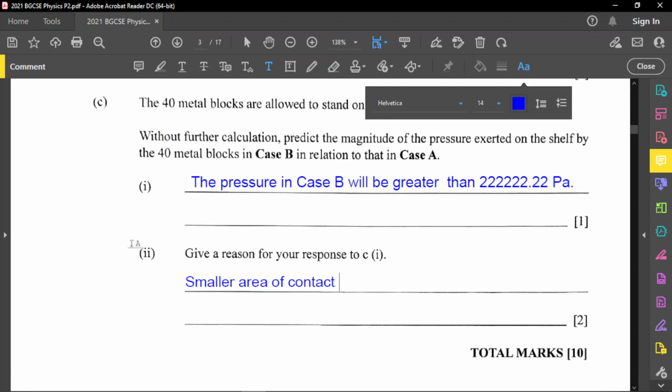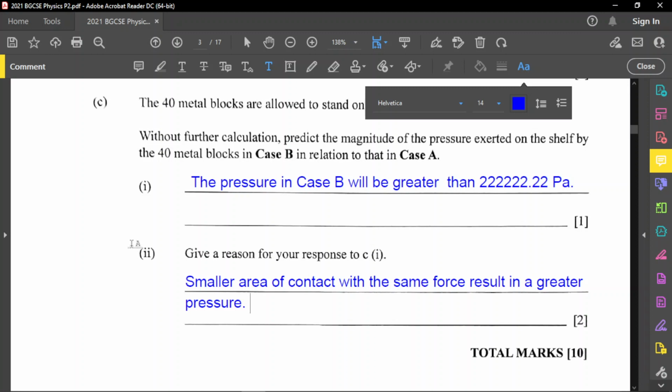All right, so smaller area of contact with the same force results in a greater pressure. All right, so with a greater pressure, if the same force is used for a smaller area.